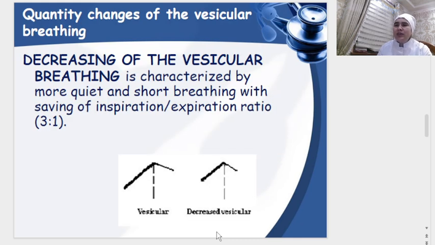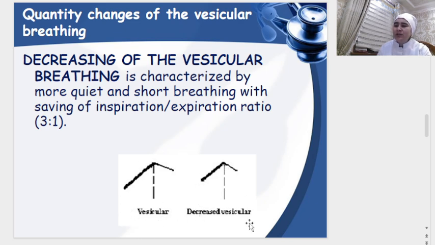Quantity changes of the vesicular breathing. Decreasing of vesicular breathing is characterized by quieter and shorter breathing with preservation of the inspiration and expiration ratio. This is a normal vesicular respiration picture.